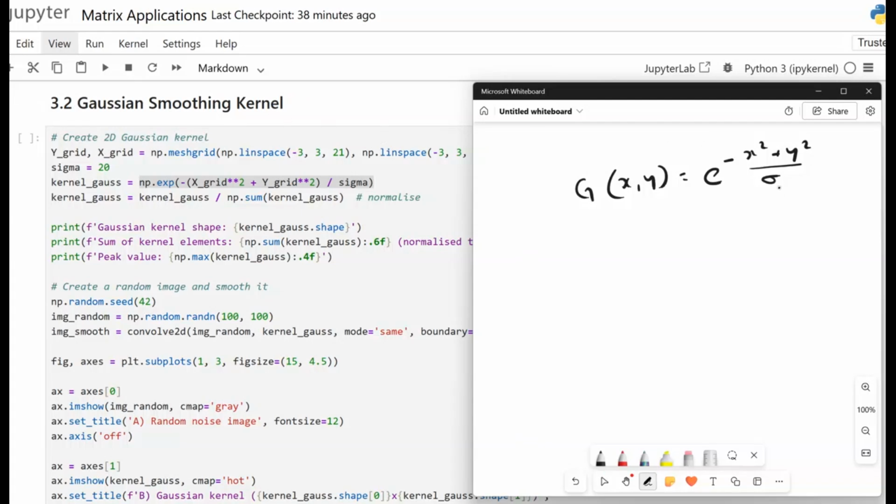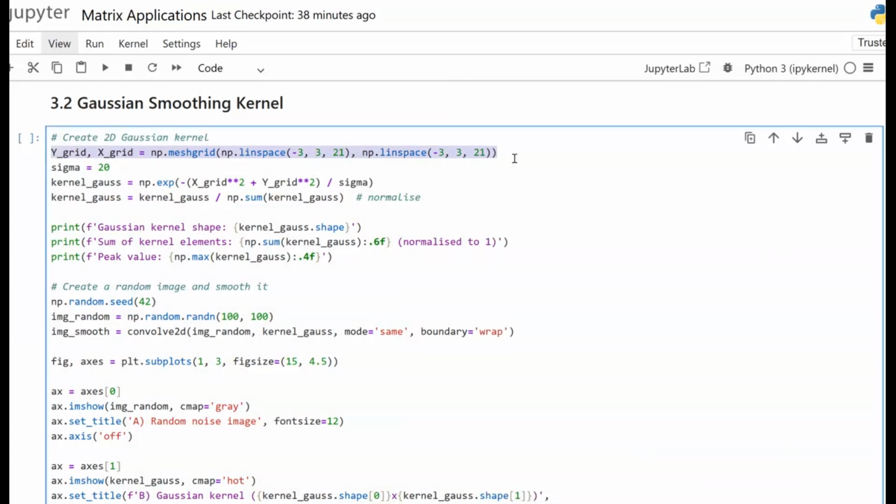And kindly note one thing: sigma controls the width, where a larger sigma means more smoothing. Here we create a 21 by 21 grid over the square of minus 3 comma 3 and minus 3 comma 3. The x grid and y grid store the coordinates for each kernel element. And dear friends, this grid defines the spatial support of the kernel.